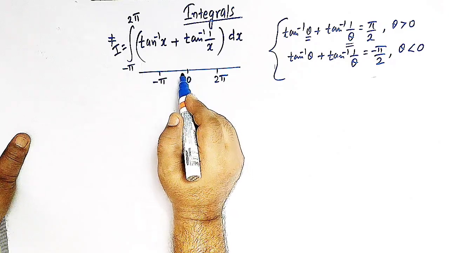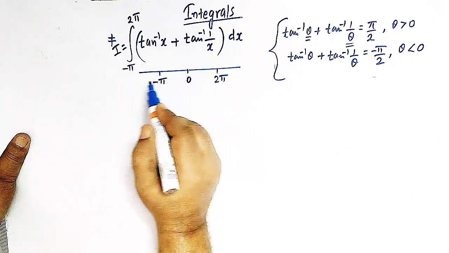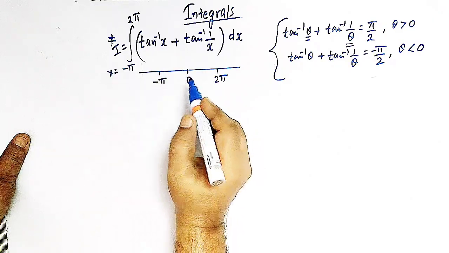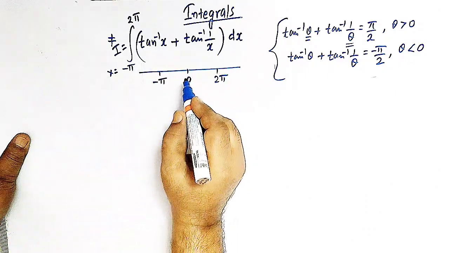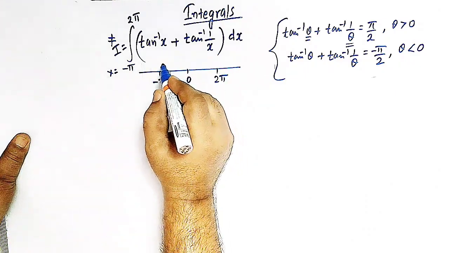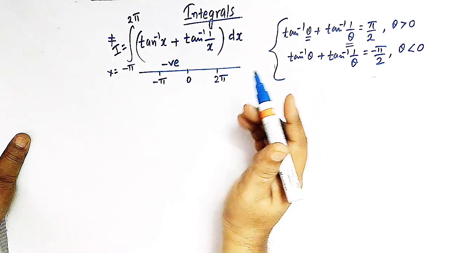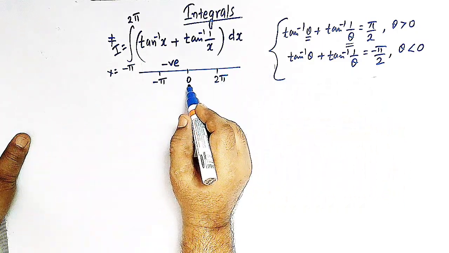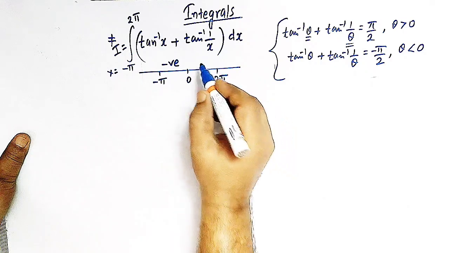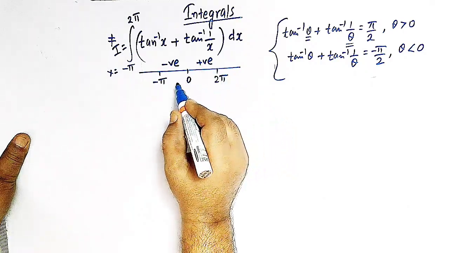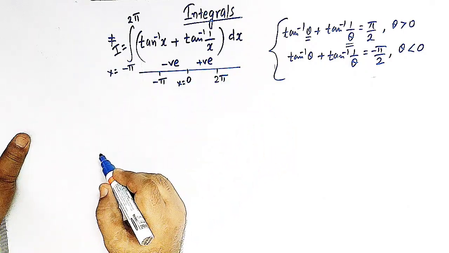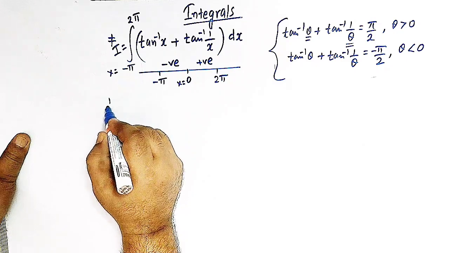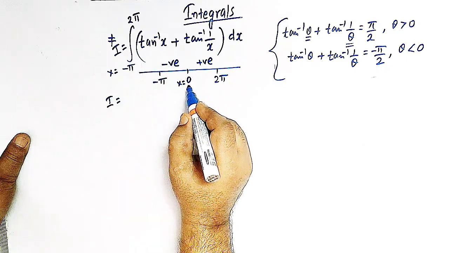It means that all the values of x which lie towards the left of 0 are negative, and all the values of x which lie towards the right of x equal to 0 are positive. So here we have x equal to 0, and let us split this integral at this point.